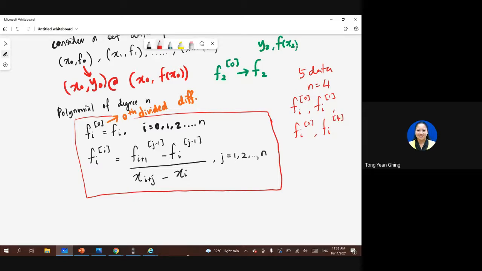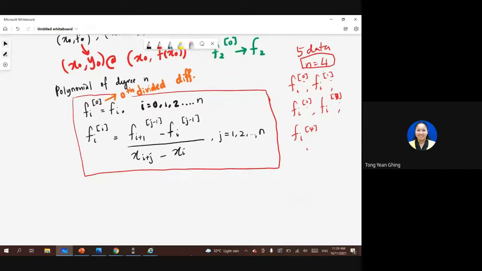So based on n. If n is 3, we have to do up to 3. If n is 4, that means we have to do 0 divided difference, 0 degree, first degree, second degree, third and fourth. Depends on n, okay? So it depends on how much data we have.